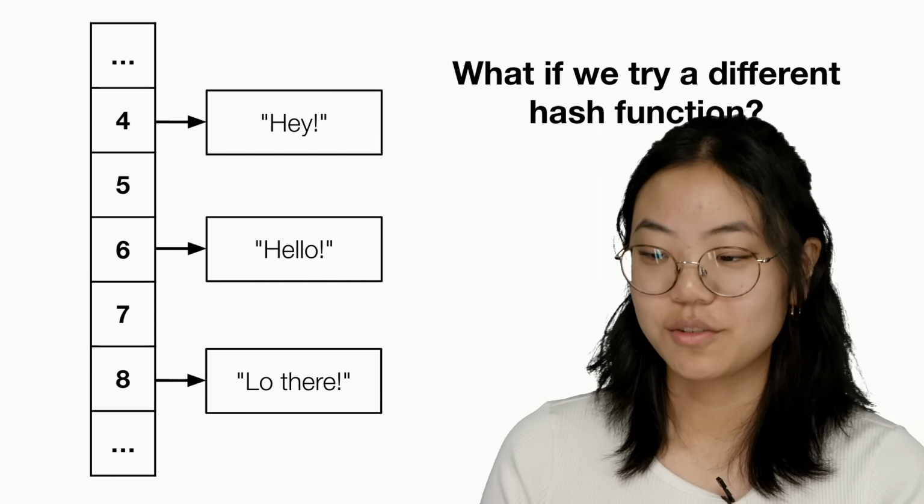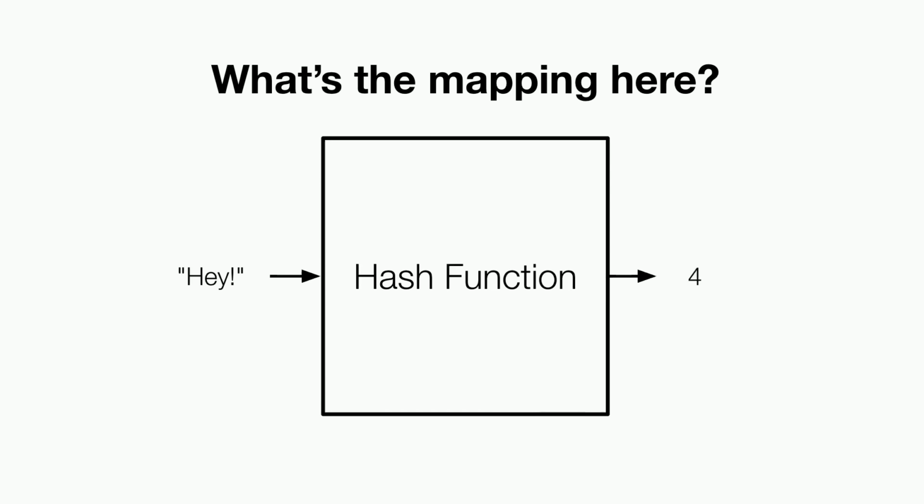Yeah, the length, quantity of numbers, exactly. So in this case, we've defined our hash function to be whatever the length of our string is. So if I'm given hey exclamation point, then the hash function will be returning 4 as the length.